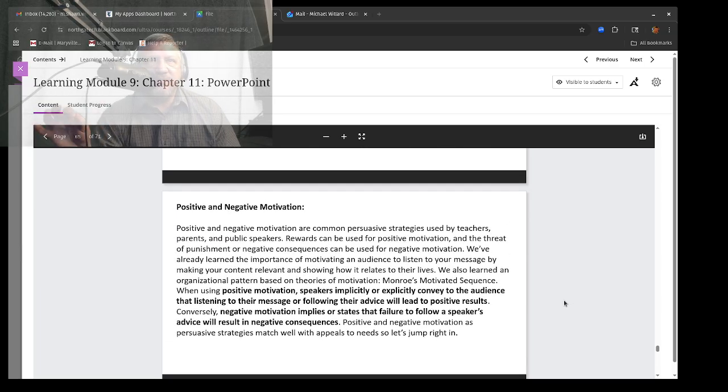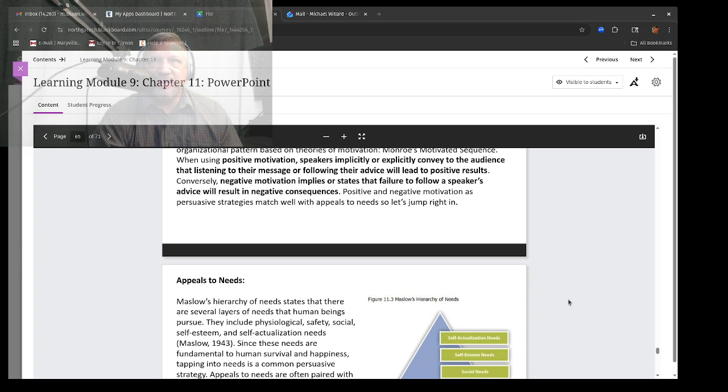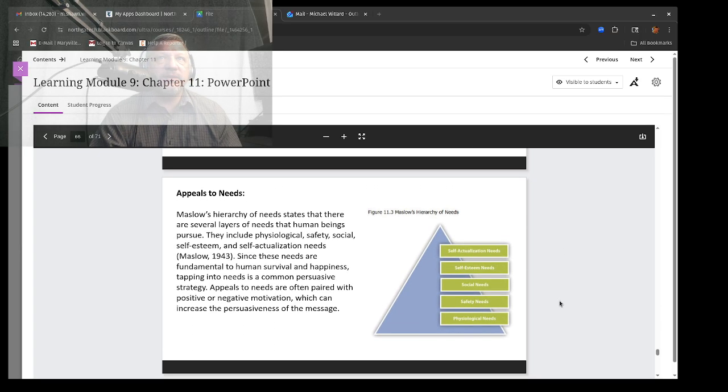Positive and negative motivation. Think about how many times politicians use either positive or negative motivation to try to get you to feel a certain way about whatever it is they're talking about. They're kind of the masters at it. So are advertisers, the marketing industry. Those two work hand in hand, by the way. Have for years. Many people that work in advertising also work on politicians' campaigns, both Republican and Democrat.